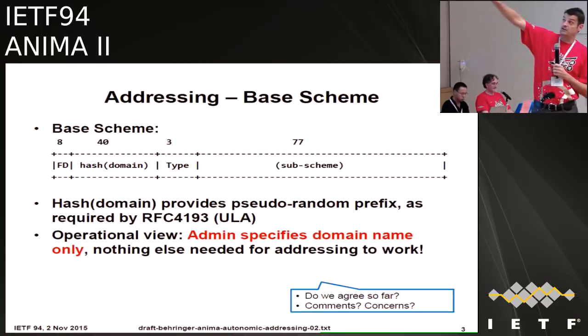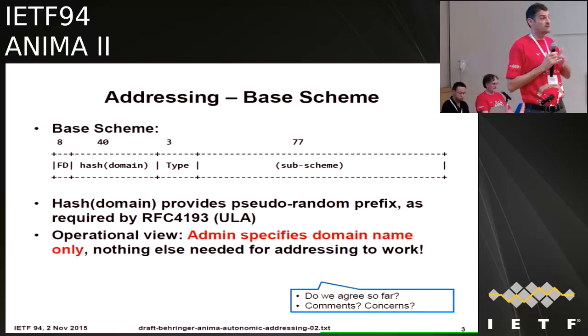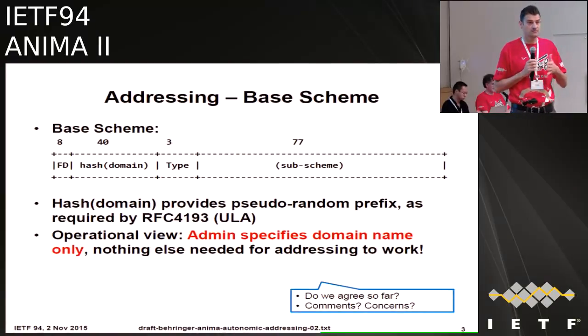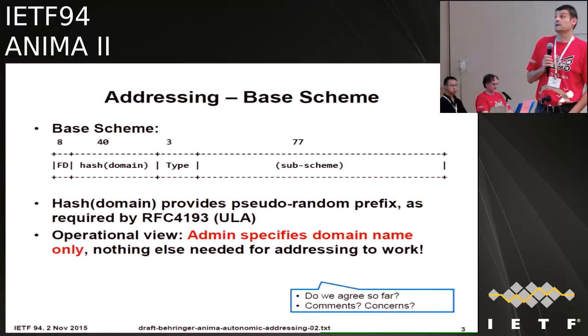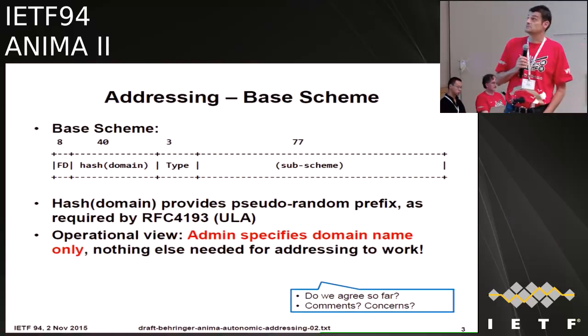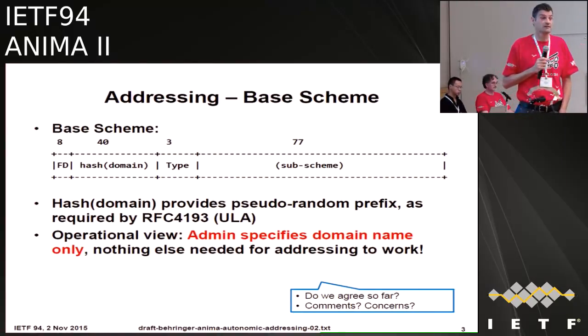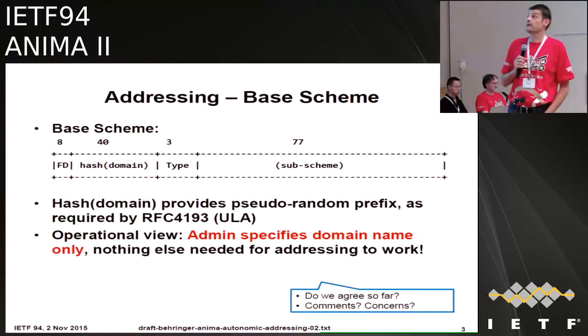Then you do a hash of example.com. The hash creates a pseudo-random value. And that's exactly what the ULA RFC requires, that you have a pseudo-random number here. And that makes the first 48 bits the basic prefix, which is unique for a given domain.